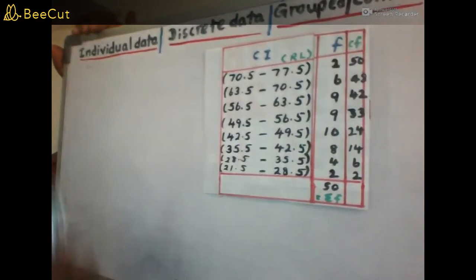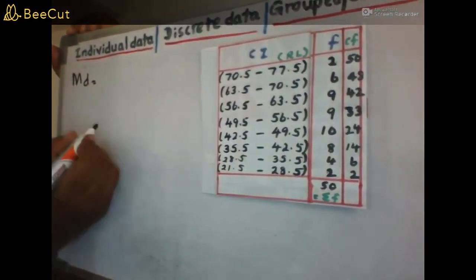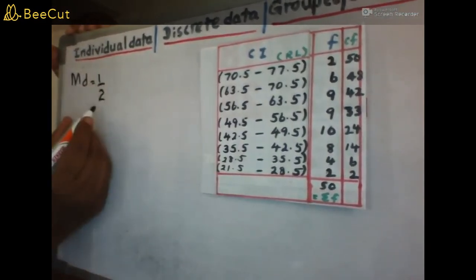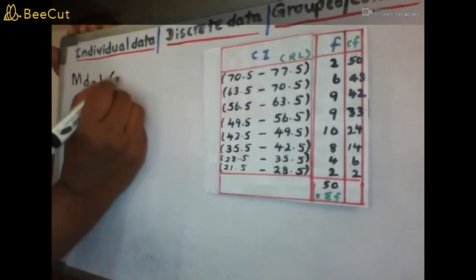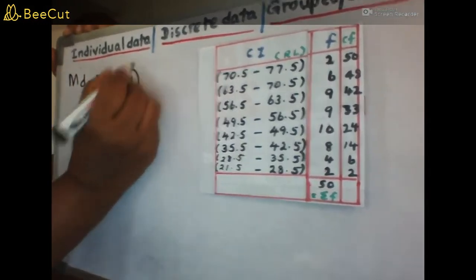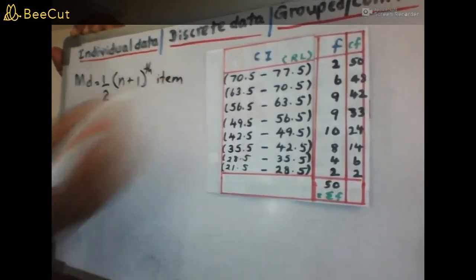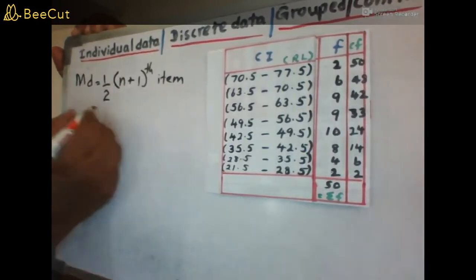Now, what's the formula? Median equals half into N plus 1 item. Why half? Because we are dividing the series into two equal parts. You have to remember this formula. It's not given to you.